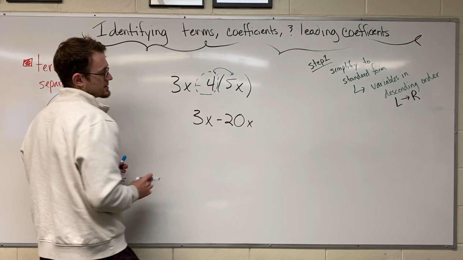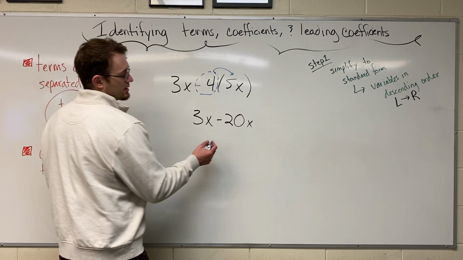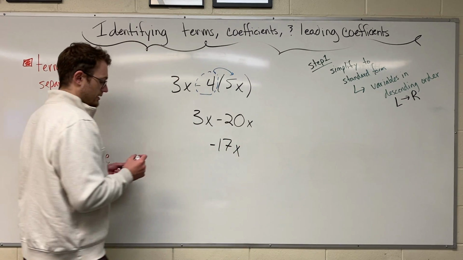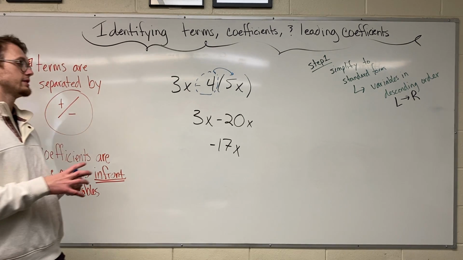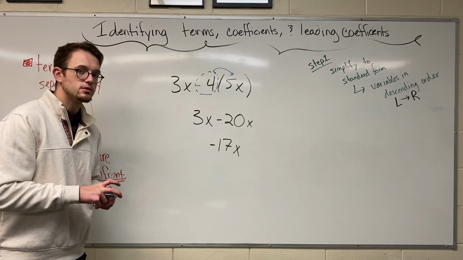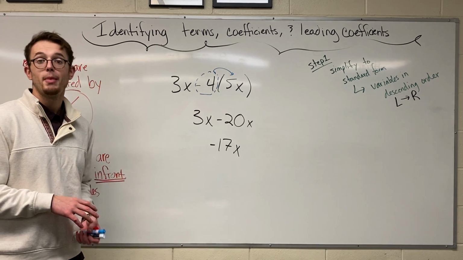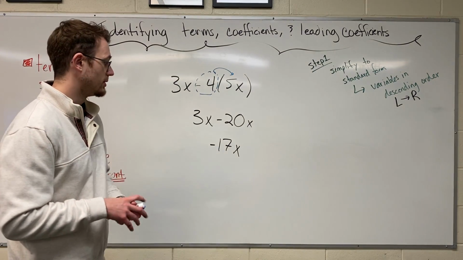Simplify that more. So this is the difference, right? I'm down to 2 terms, but these terms are like terms. So I can combine them to be negative 17x. So I don't have 2 terms now, I have 1 term. Eventually, hopefully, students, you people, anybody who's watching this video will learn that this is called a monomial, right? Mono for 1, 1 term.